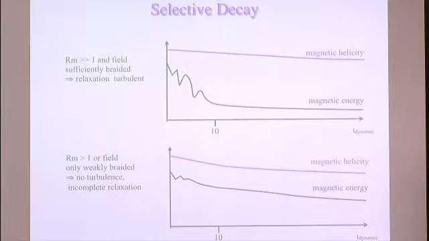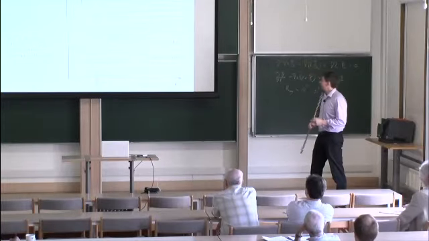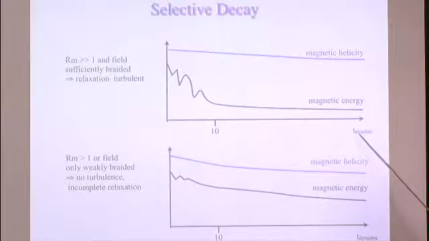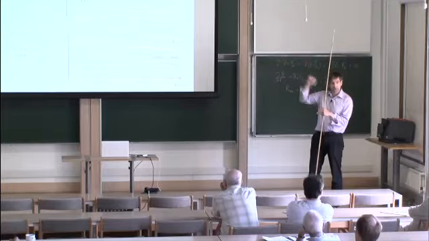How are you measuring? What does sufficiently braided mean? Yeah, let me come to this in a second. So the time scale here is something like the Alfvén crossing time in your domain. So how long does information need from one end of the domain to travel to the other end of the domain?